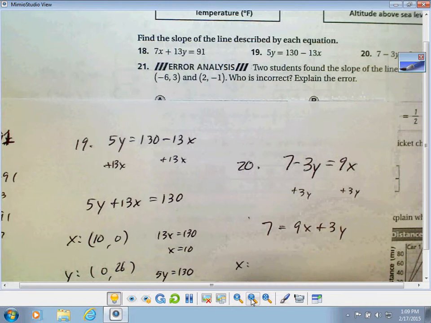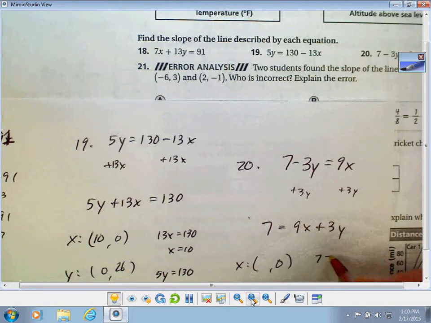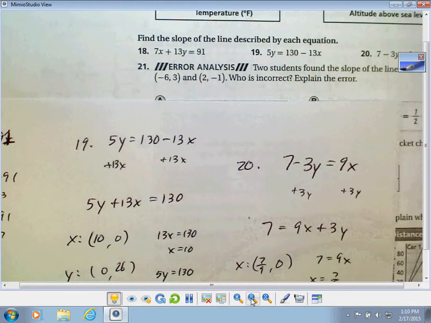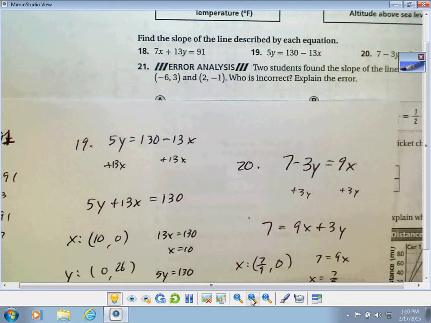So for x and y intercepts, for x it's going to be 7 equals 9x. In other words, x equals 7 over 9. And for y, it would be 7 equals 3y. In other words, y equals 7 over 3.